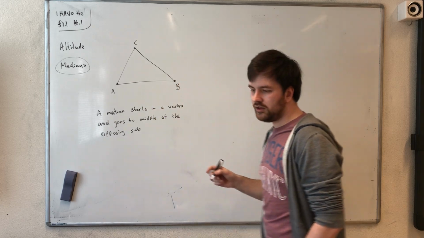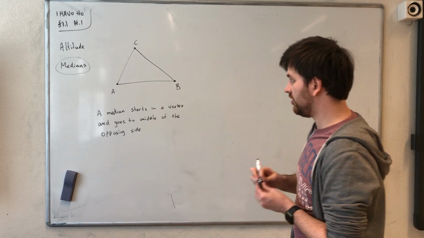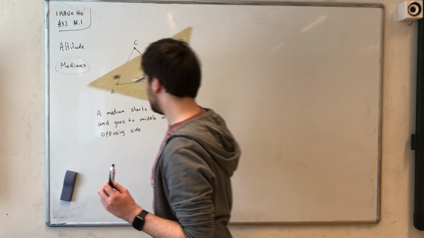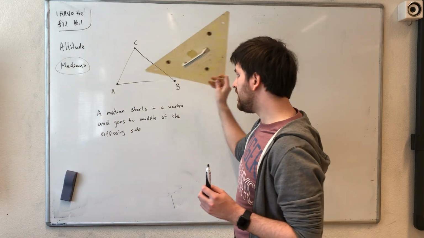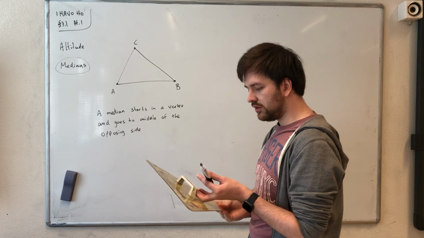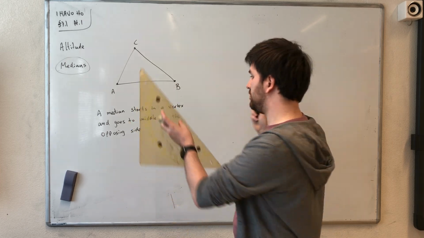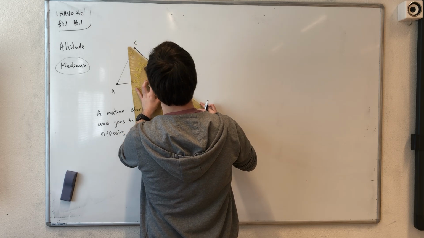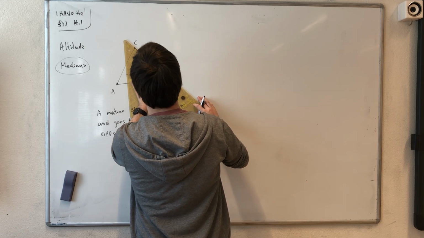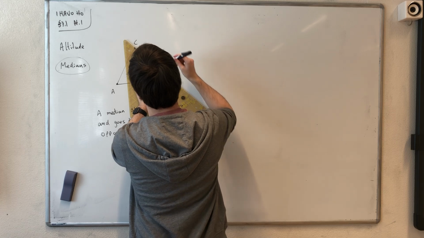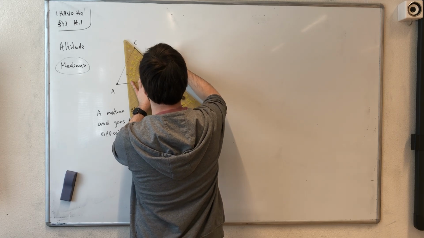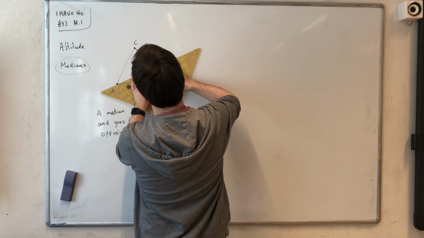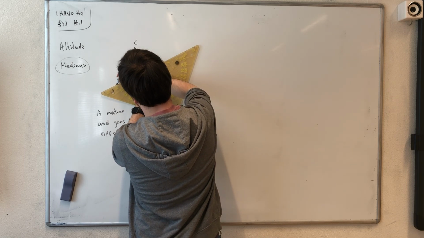So in this case, if we want to draw the median of point A, we have to draw a line that starts in point A and it goes to BC, but it goes to BC at a very specific place. In this case, BC is 26 centimeters, so after 13 centimeters, I'm going to draw a point, then we can draw the first median.